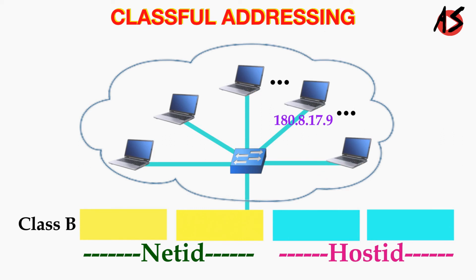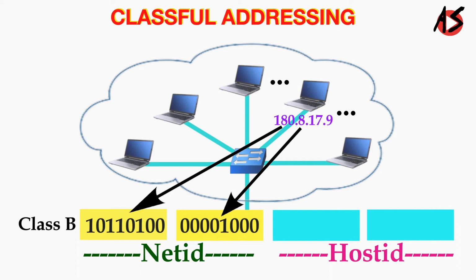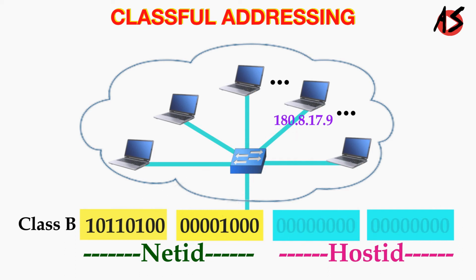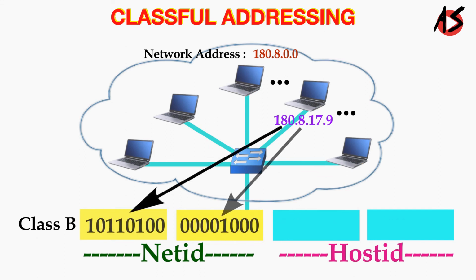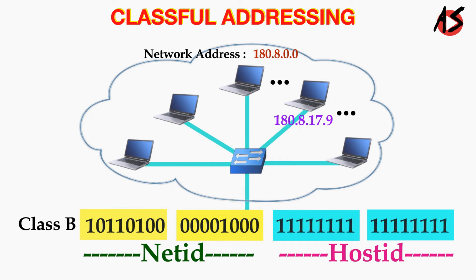To find the first address, we keep the leftmost 16 bits and set the rightmost 16 bits all to zeros. The first address, which is used as the network address, is 180.8.0.0. To find the last address, we keep the leftmost 16 bits and set the rightmost 16 bits all to ones.